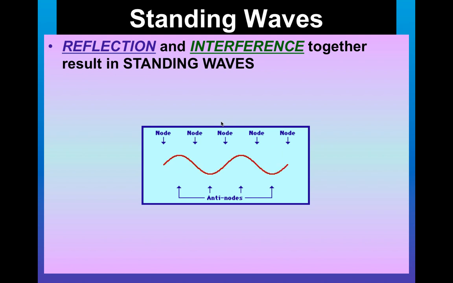These two ends of your rope or slinky are fixed, meaning that they cannot move. That's what's happening on both ends.